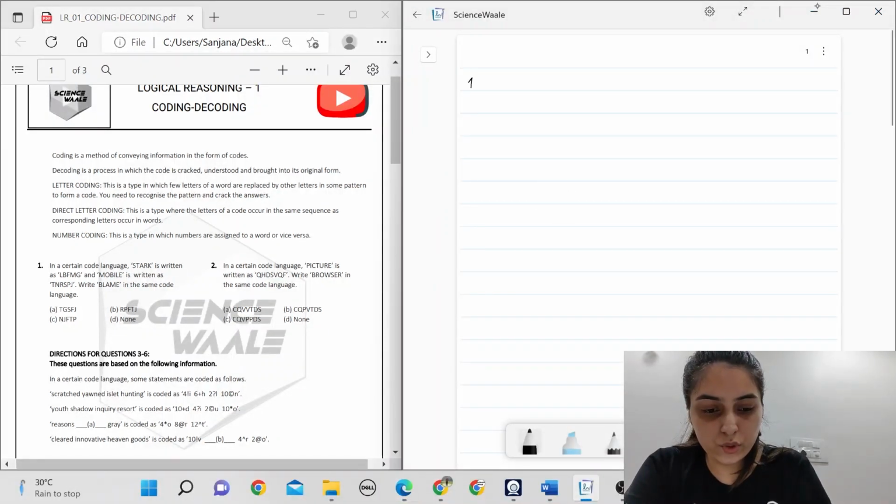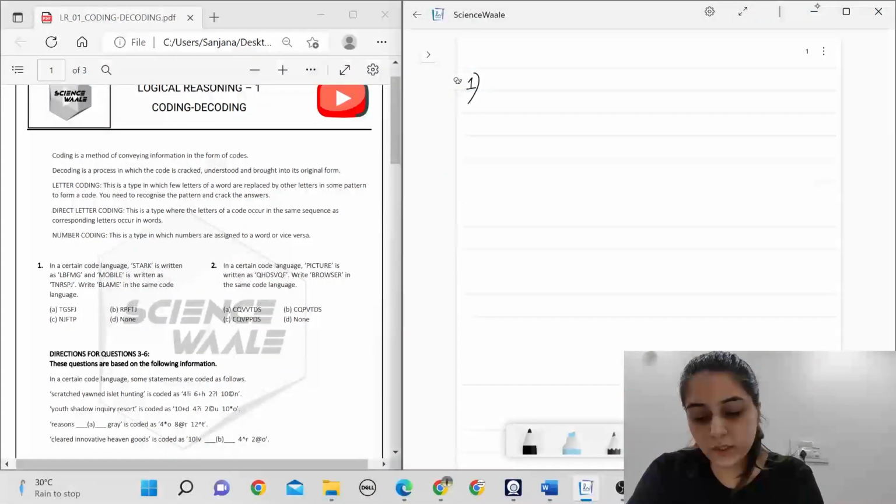Now the first question. In a certain code language, Stark is written as LBFMG and mobile is written as TNRSPJ. Now they have asked us to write blame in the same code language.